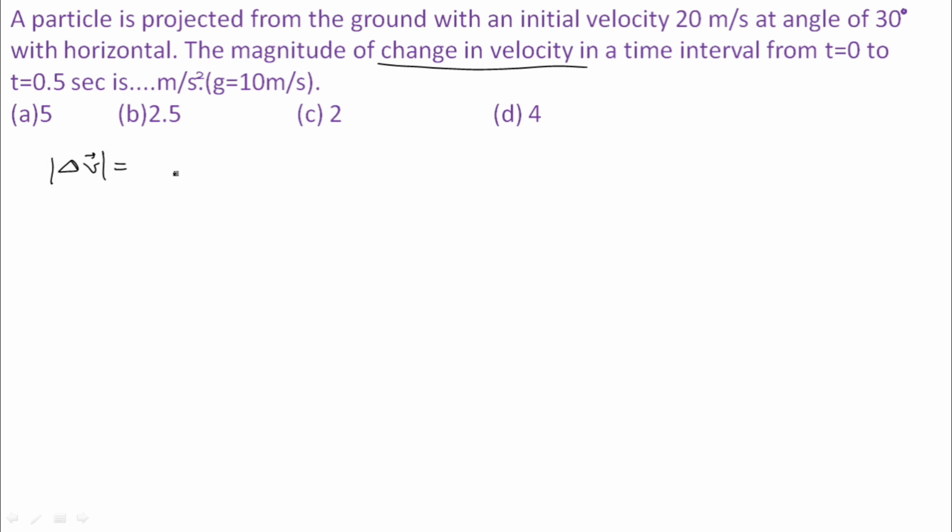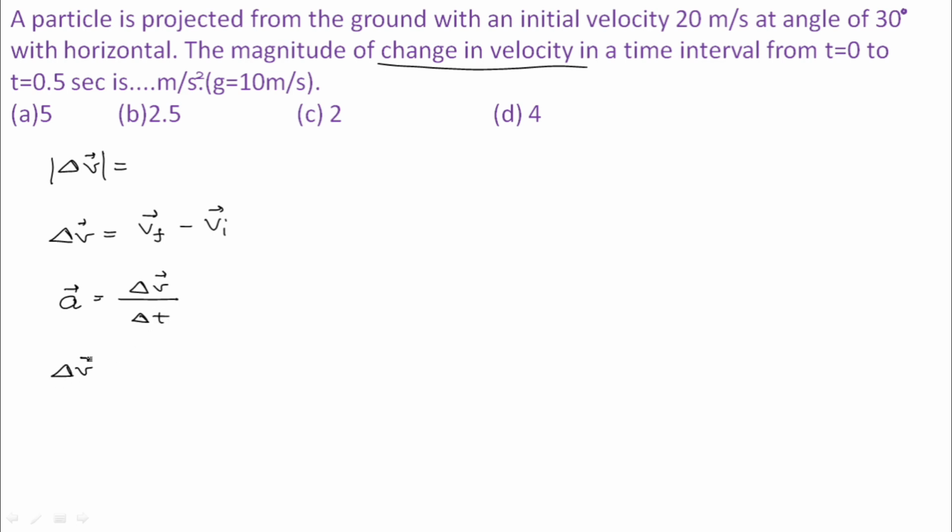vector. Okay, so here how to define delta v vector? So final velocity vector minus initial velocity vector. And we know that acceleration a vector is equal to change in velocity vector upon time interval.